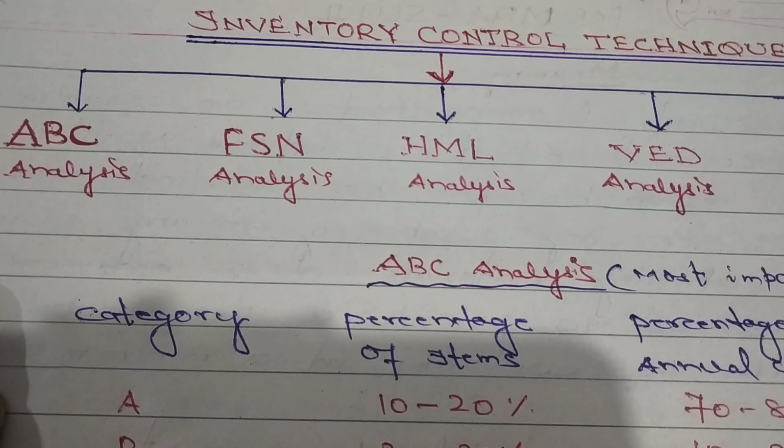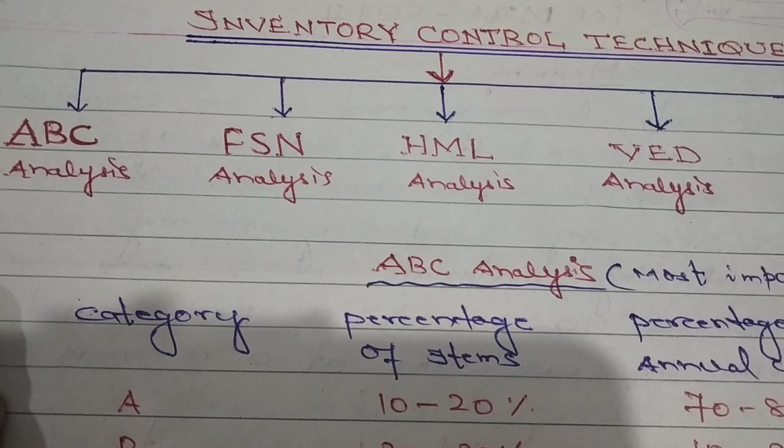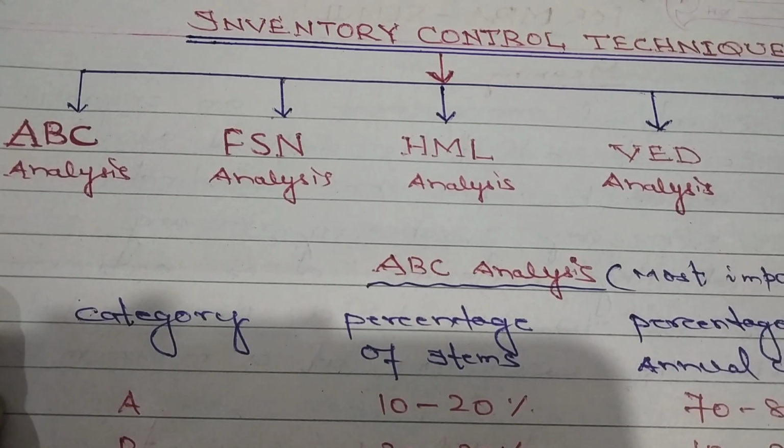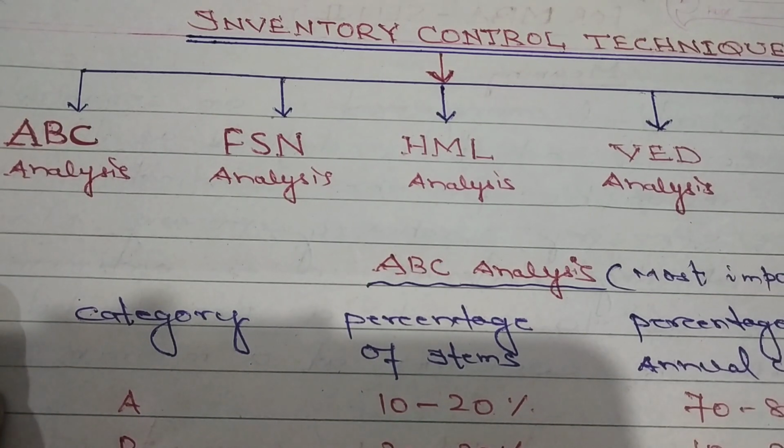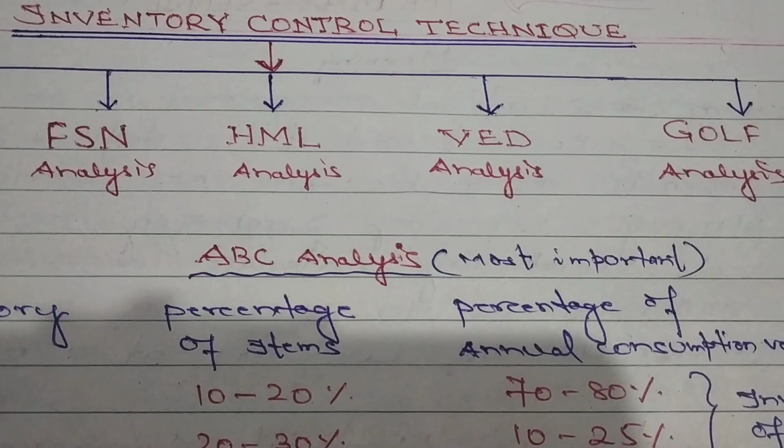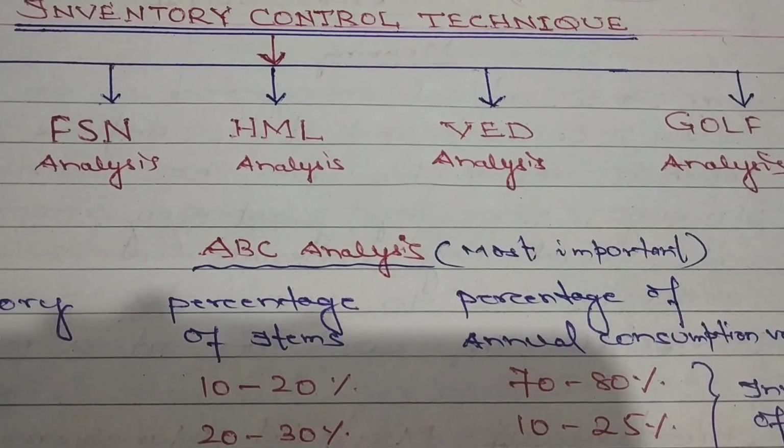ABC analysis is on the basis of annual usage consumption. FSN is on the basis of fast moving and slow moving, or the frequency of usage. HML analysis is on the basis of per unit cost, and VED on the basis of criticality of the production function, and GOLF analysis is on the basis of the source of supply.